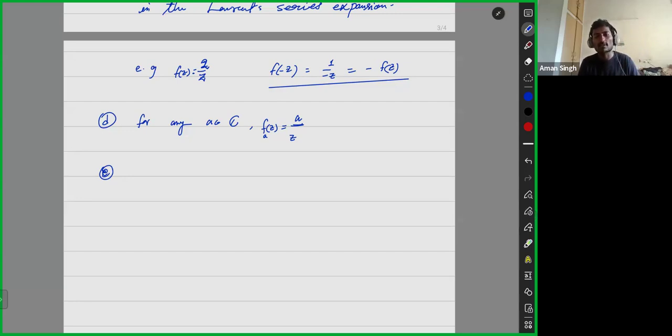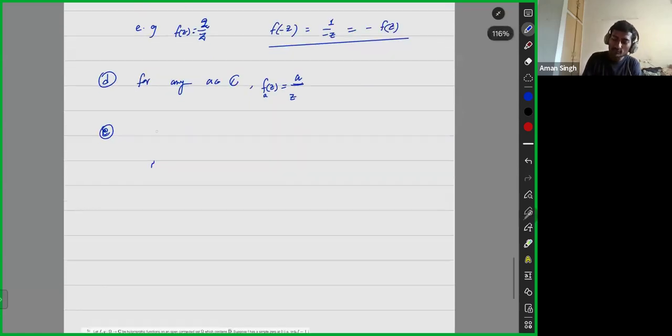Is there always some residue? Not necessarily. Look at this function: f of z is equal to 1 by z square. What happens if you take the residue of this? It will be 0, because there is no first negative degree term. This is the second negative degree term of the expansion.